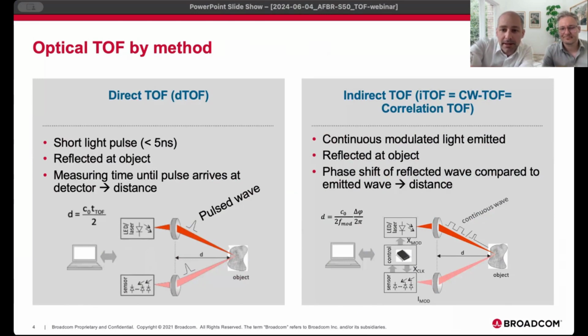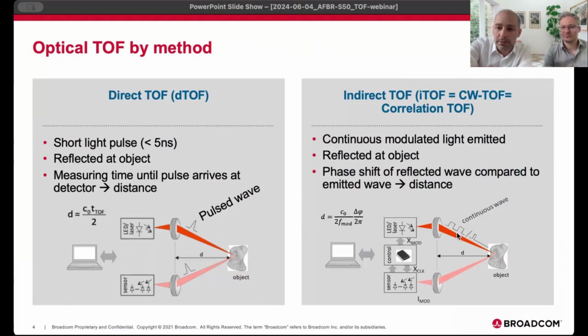On the other hand, there is also an additional method, the indirect time-of-flight method, also called the continuous wave time-of-flight method, or the correlation time-of-flight method. There are many names for the same thing. In this presentation, we call it indirect TOF or iTOF. The difference to the direct TOF is that here a continuously modulated wave of light is emitted from the laser or light source.